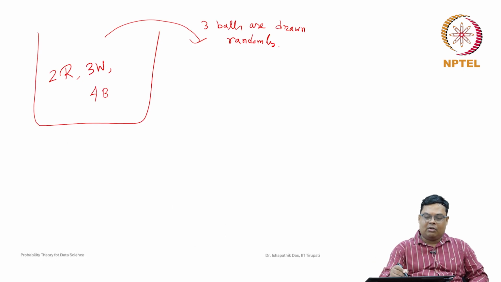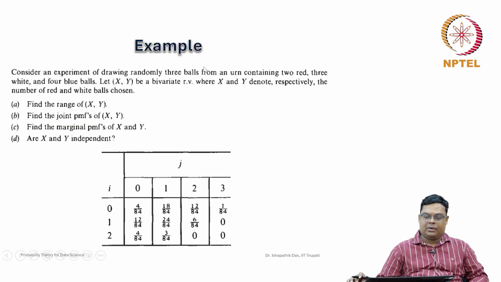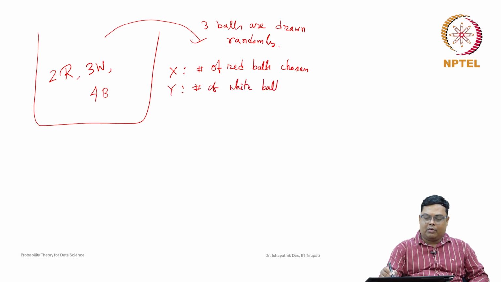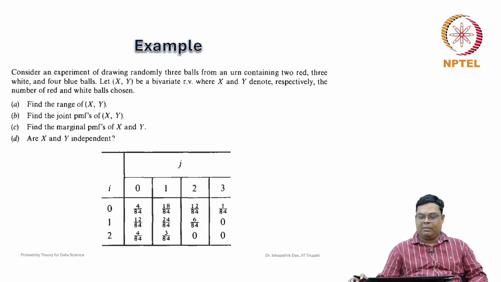So, x is the random variable defined by the number of red balls chosen, and y is the random variable that is the number of white balls chosen.